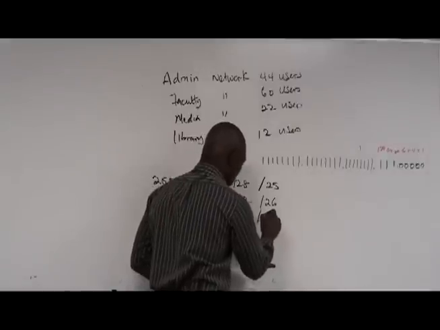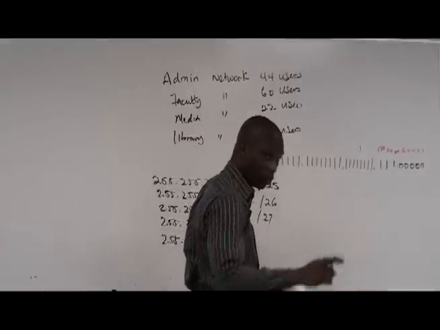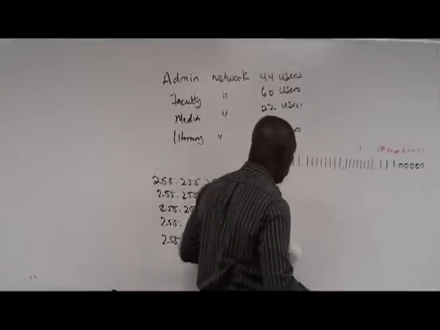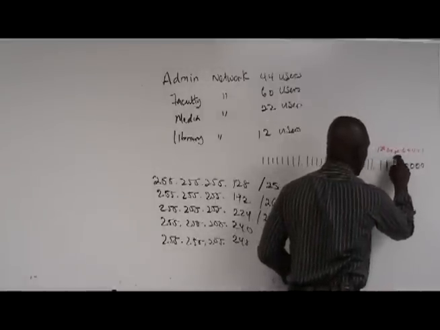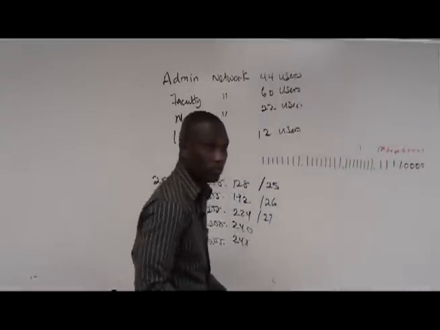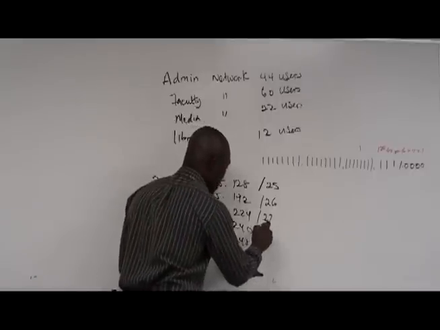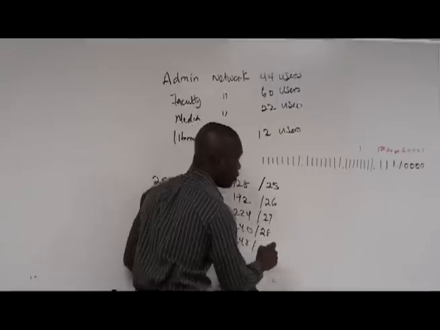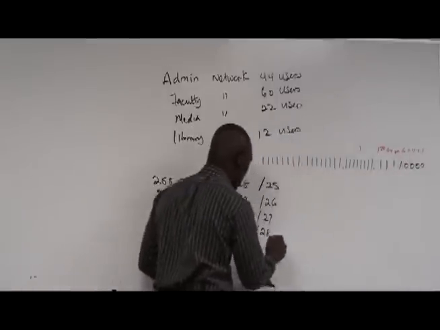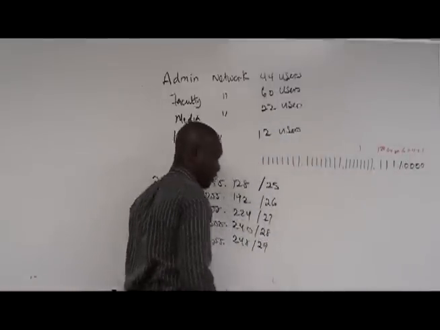So this is a slash 27. Check it up, make sure, double check. 240 will put on here 16. So that is 128 plus 64 plus 32 plus 16. So this gives us a slash 28. And this one here, 248, we'll put on the 8. So just add on the 8 here, and it gives you a slash 29.